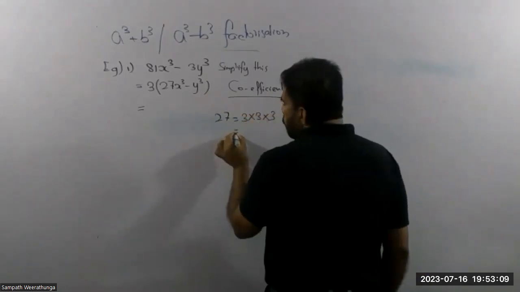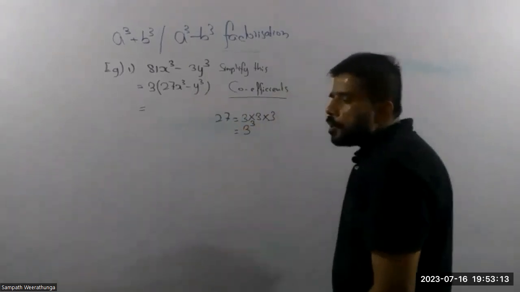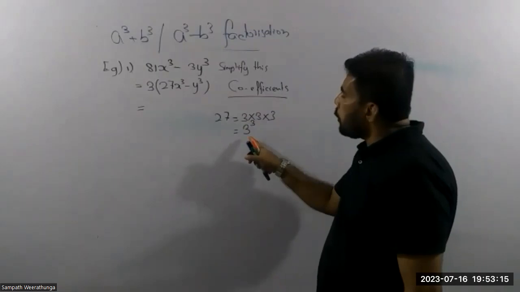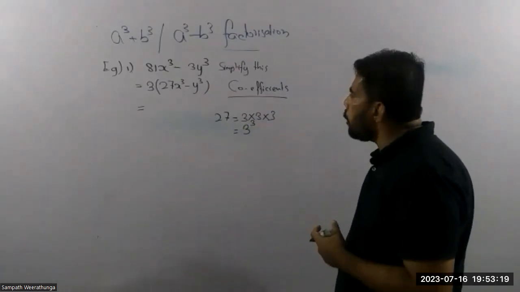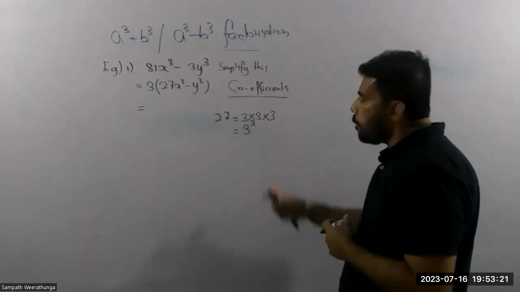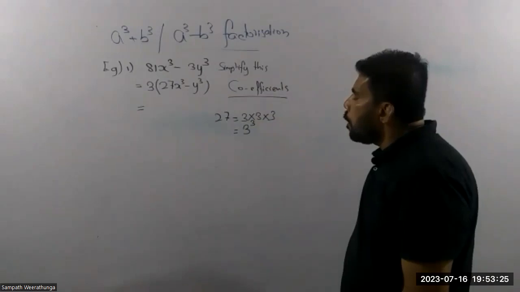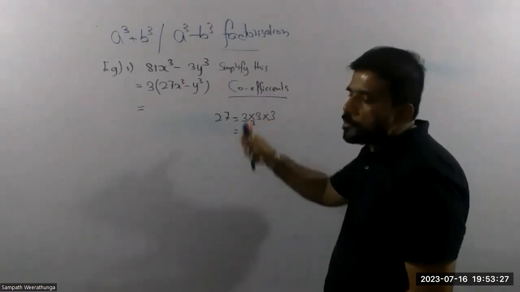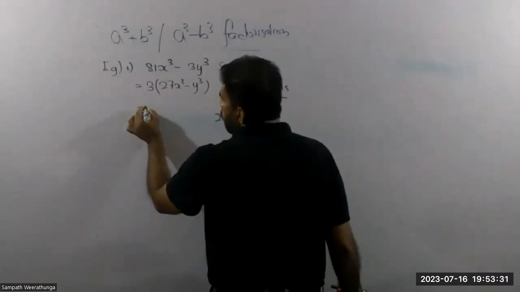Simply I can write 27 as 3 raised to power 3, the third power, or index, whatever known terms we learned in all levels.